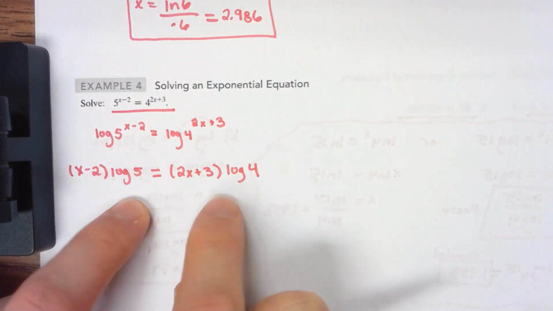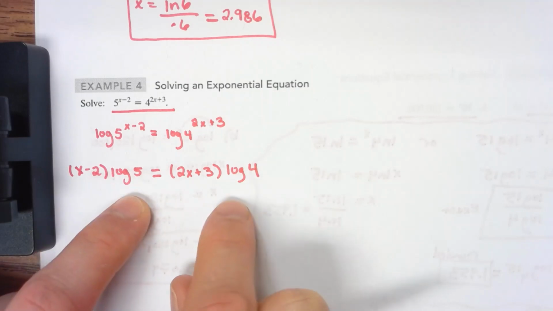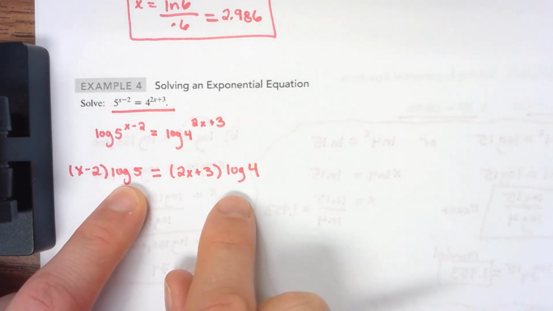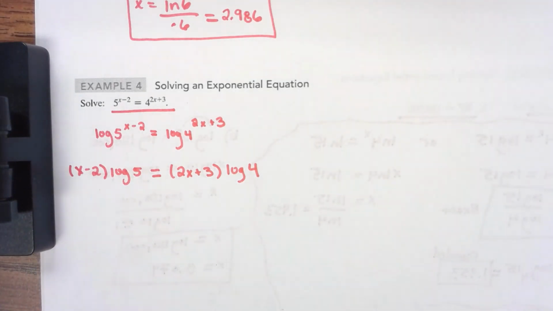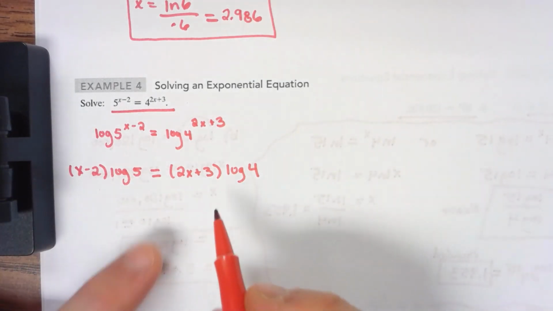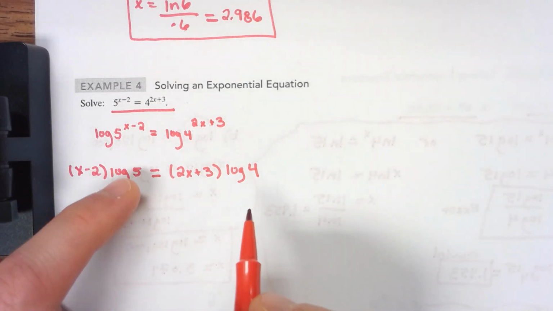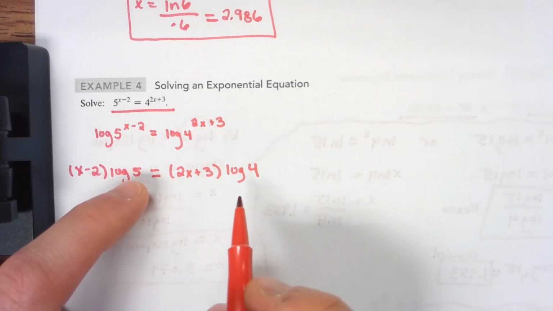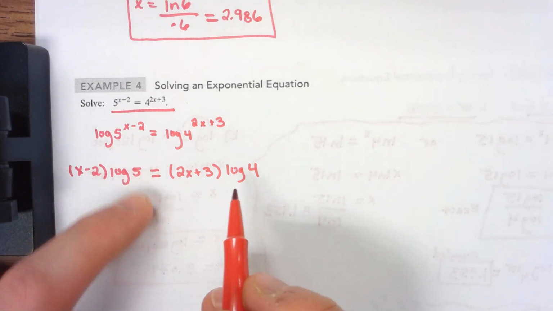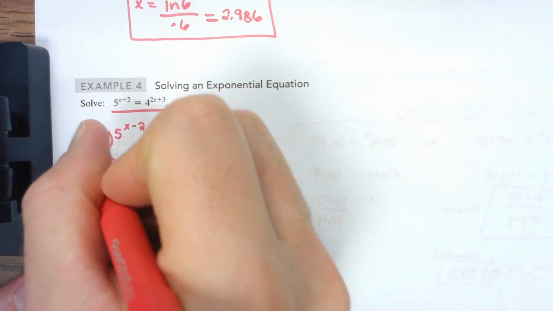Now where this starts to get confusing is that we are still getting used to the fact that log of 5 and log of 4 are just numbers. They're just coefficients. Yes, we have log in there, which makes it kind of odd, but this is just a number, just like 3, just like 2. And when we have numbers outside parentheses, we distribute them.